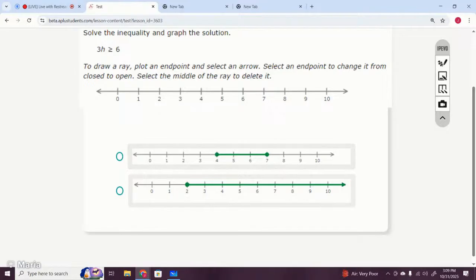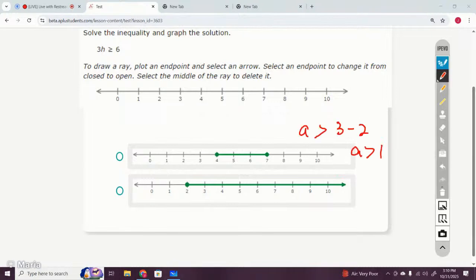3h is greater than or equal to 6. So which is the correct option? We need to solve this inequality for h.